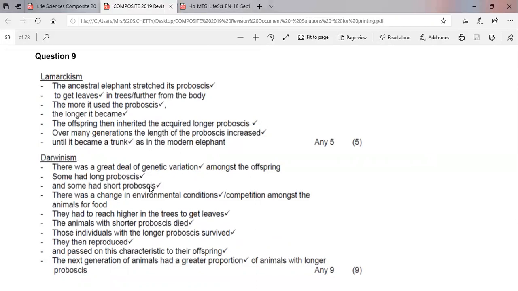So the animals with a short proboscis died because they could not reach the leaves, and those with the longer proboscis survived because they could reach the leaves. They then reproduced, passing on this characteristic to their offspring, and the next generation had a higher proportion of animals with longer proboscises, until future generations had all the animals with these long proboscises.